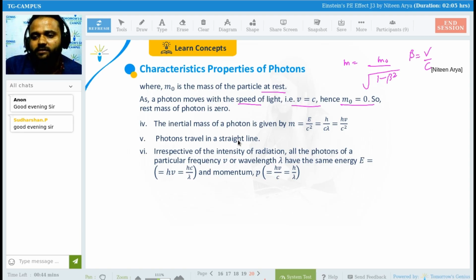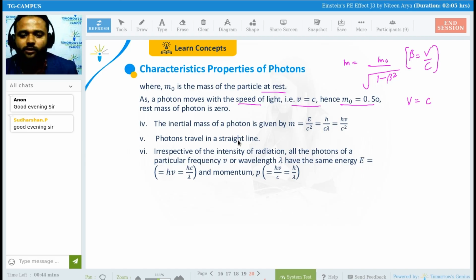Here beta is v by c. So if v is c, beta is 1, and then you get infinite mass. Obviously infinite mass cannot be there. So hence m naught has to be 0. Clear what I'm saying? 0 by 0. Do you know L'Hospital's rule?